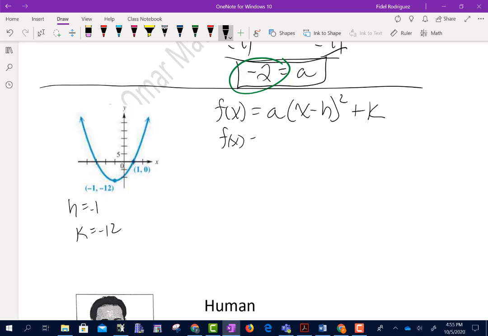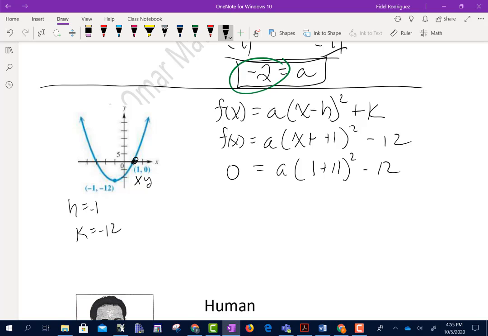So f of x equals A (x minus -1) squared minus 12. Remember, this becomes plus. Okay. Here's a random point on our line, (1, 0). So this is x and this is y. So 0 equals A (1 plus 1) squared minus 12.